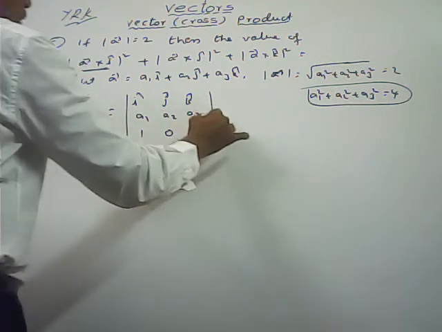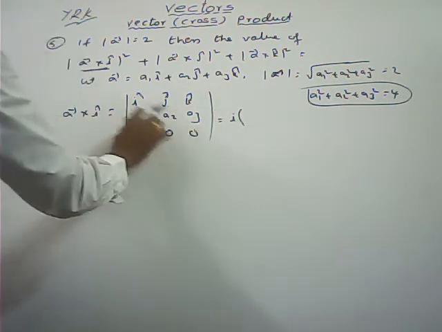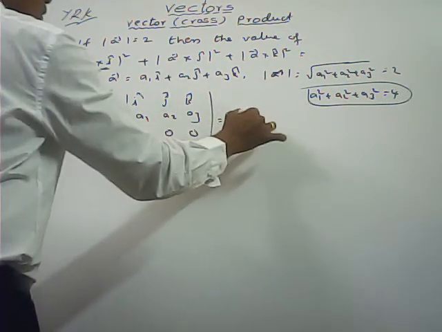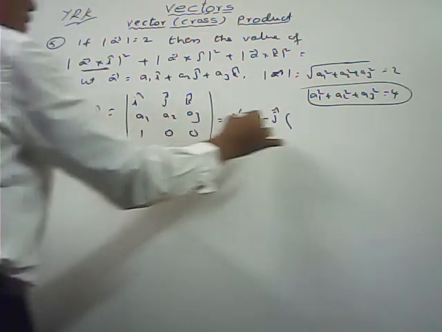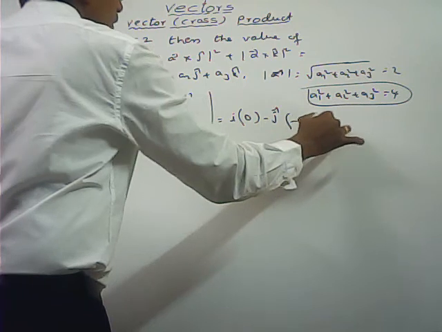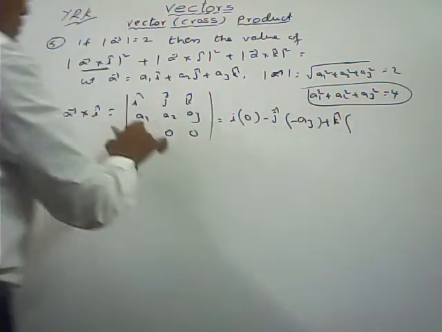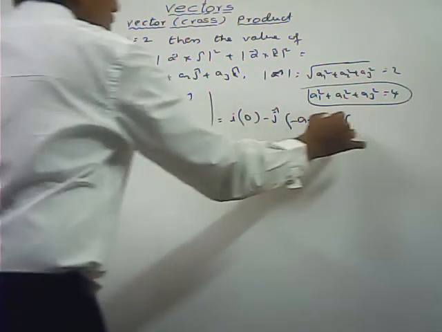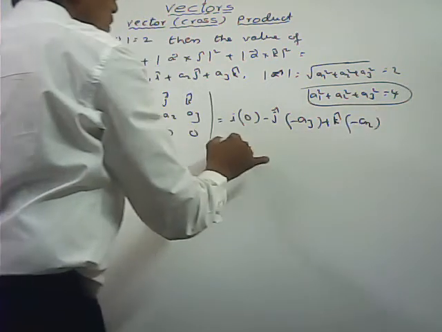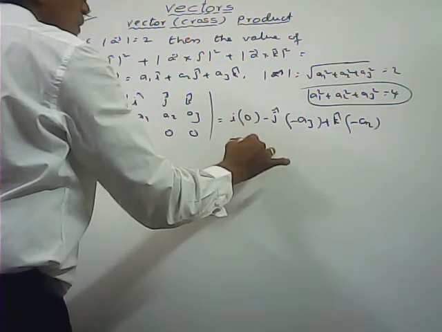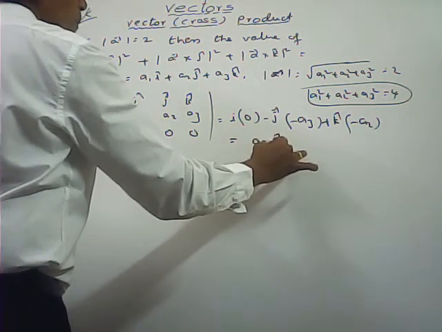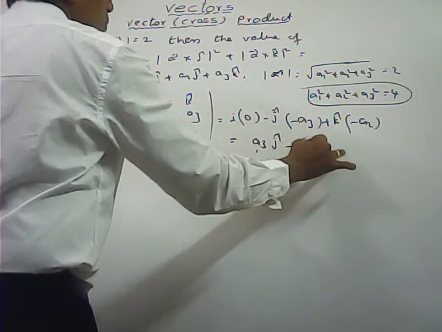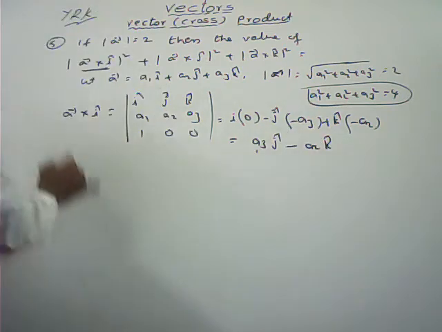Now this one you can expand: i cap into, both are zeros only, minus j cap into minus a3, plus k cap into the product of these two minus a2 a3. So that is equal to a3 j cap minus a2 k cap, that is a bar cross i cap.